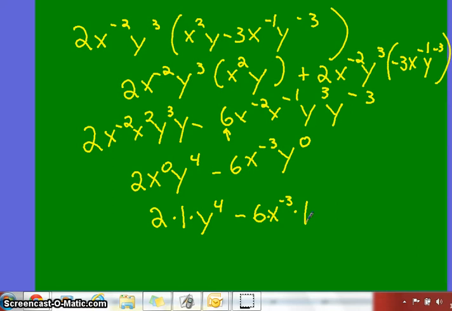And when I simplified all that out, I get 2y to the fourth power minus 6x to the negative third power. And what I want you to take away from this is that 1 never goes away. It's there. But when you multiply by 1, it names itself, which is called the identity property of multiplication, something you learned a long time ago.